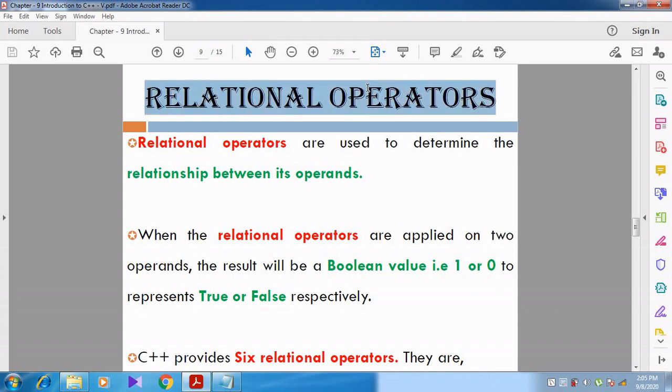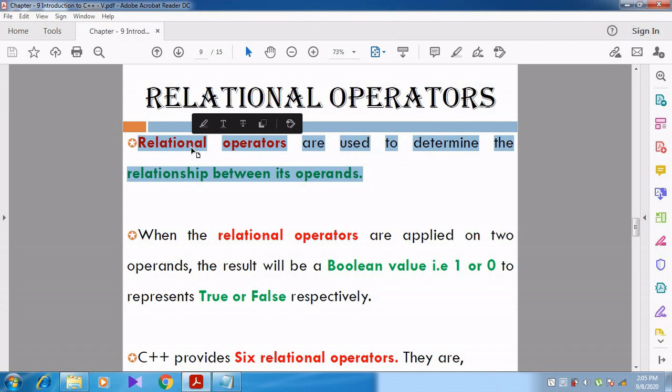What is meant by a relational operator? Relational operators are used to determine the relationship between two operands. For example, consider A and B. A is one operand, B is another operand. How do we find the relationship between A and B?